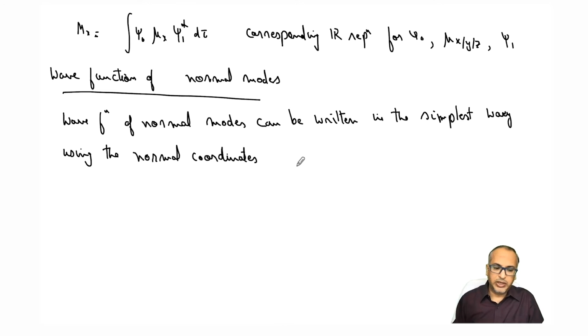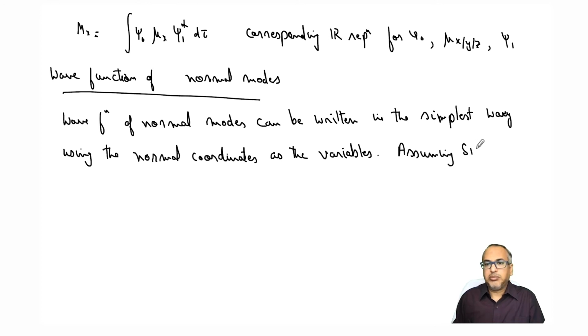Now let's see normal coordinates as the variables, and this will be assuming the simple harmonic oscillator model.